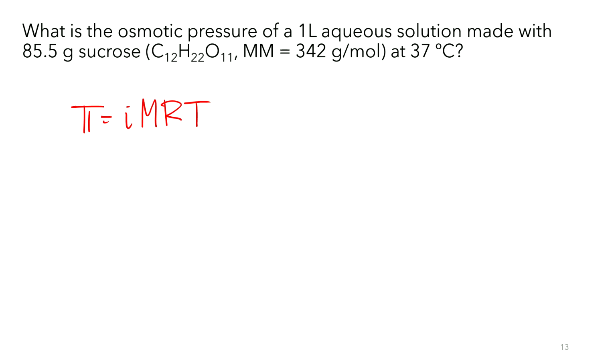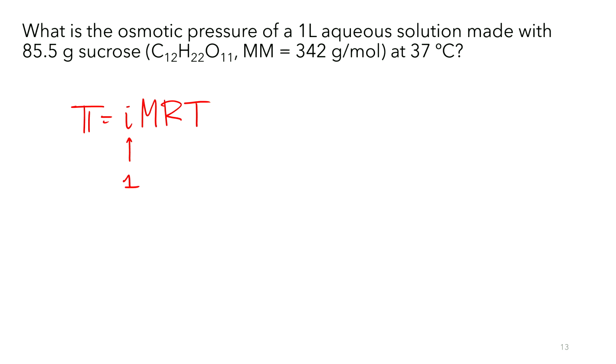What is i for sucrose? 1. It's a non-electrolyte. If you didn't know that, you'd look at the formula and say, hey, I don't see any metals, I don't see any ionic compounds. Molecules dissolve in their molecular unit. They don't split up. So I can look at this and say that should be 1.